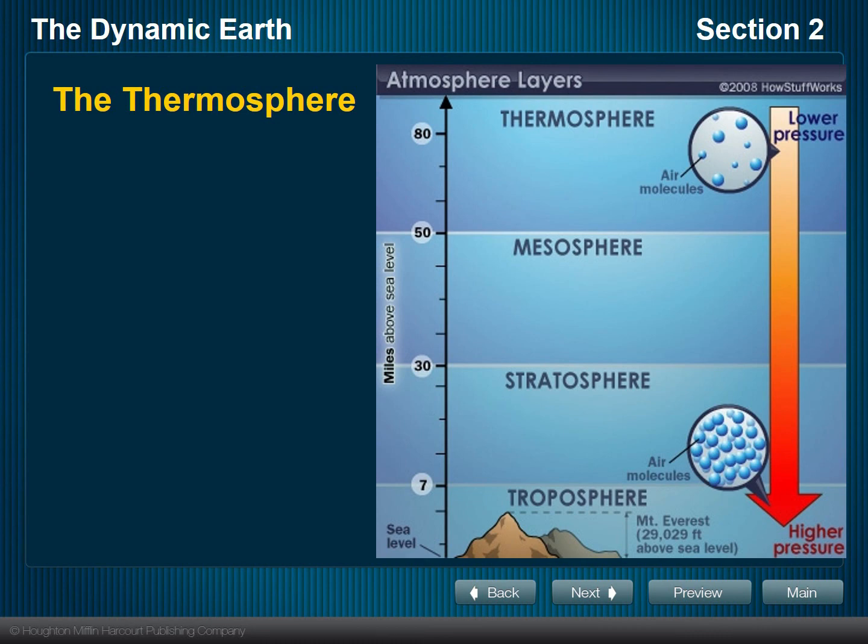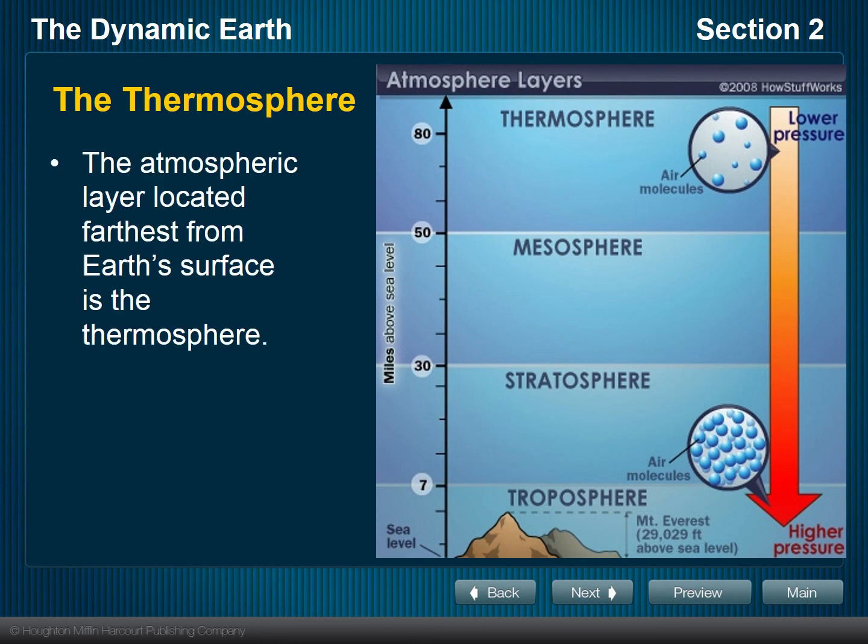The atmospheric layer located furthest from the Earth's surface is the thermosphere. Here, nitrogen and oxygen absorb solar radiation, resulting in temperatures measuring above 2000 degrees Celsius. The air in the thermosphere is so thin that air particles rarely collide. So little heat is transferred, and it would not feel hot to us.